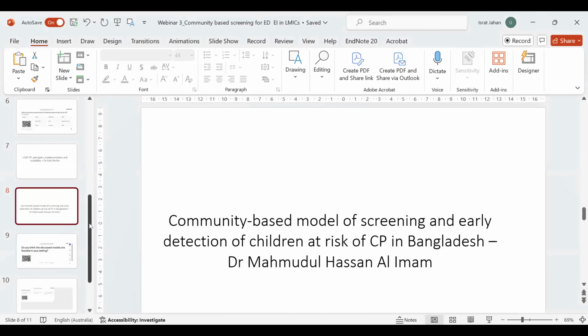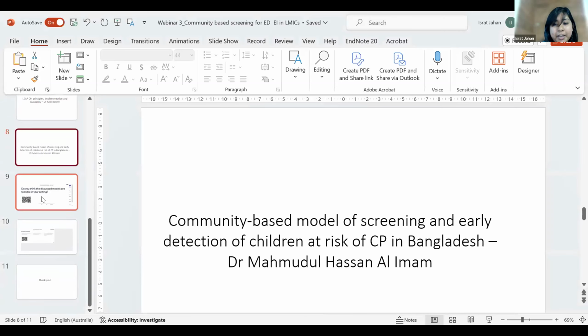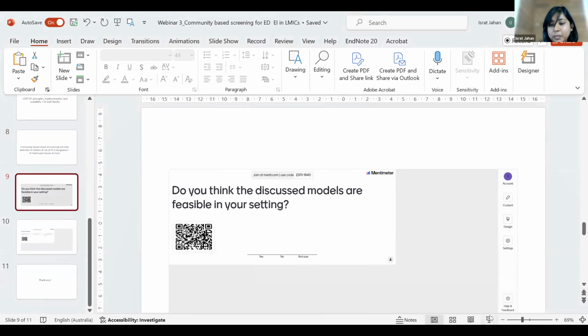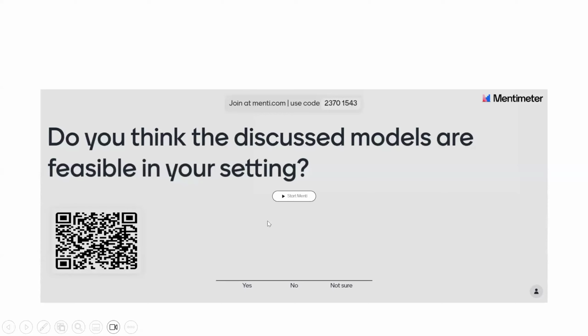Yes, thank you. Let me share my screen again. Okay, we will give another try. Can you see my screen? I hope you can see my screen.